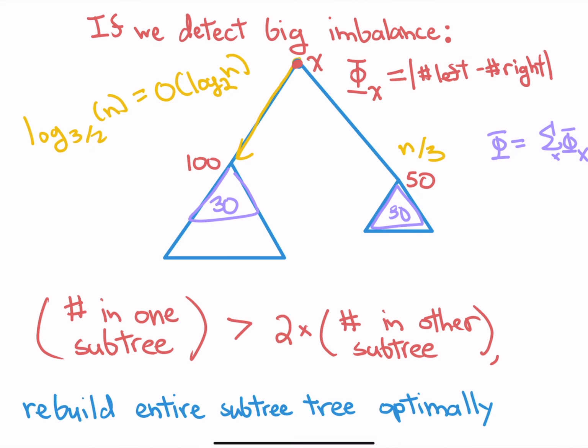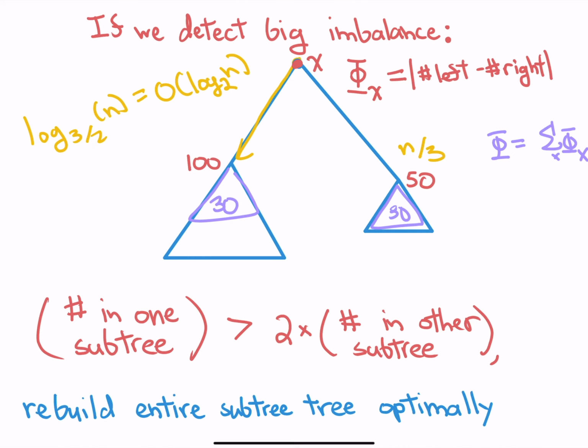Maybe one way is, as I go down, each tree, how much can its potential go up? Some particular x. I've inserted a key down below, and I'm looking at this particular node's potential function. How much might that potential have increased by? 1, because you inserted one node. All right, so one tree's potential function may go up by 1. You might get lucky and it might go down by 1, but we're just doing worst case.